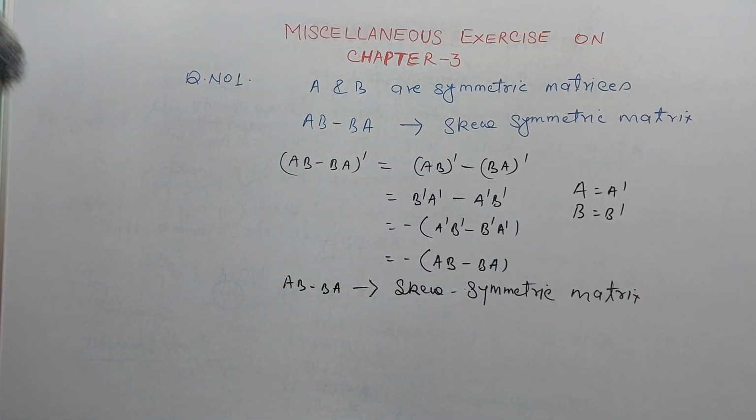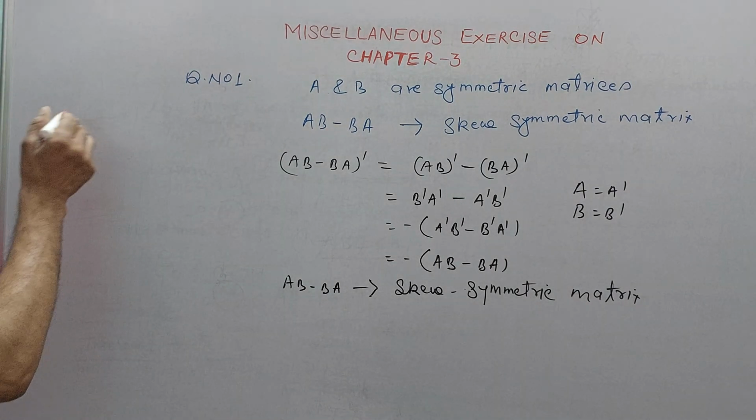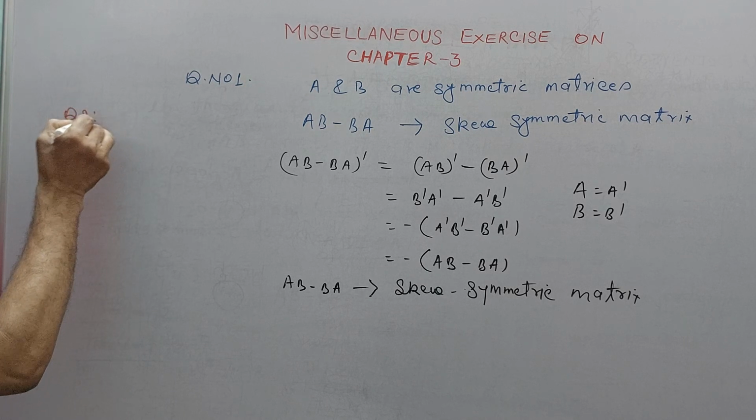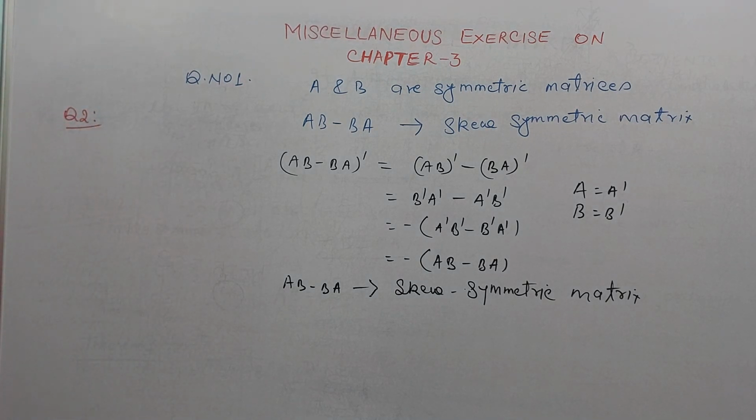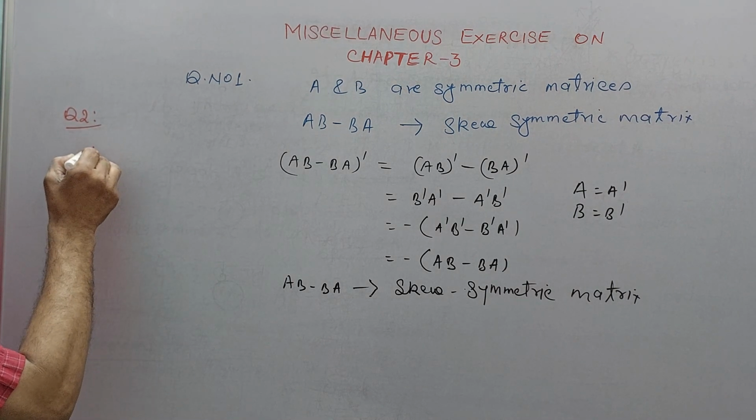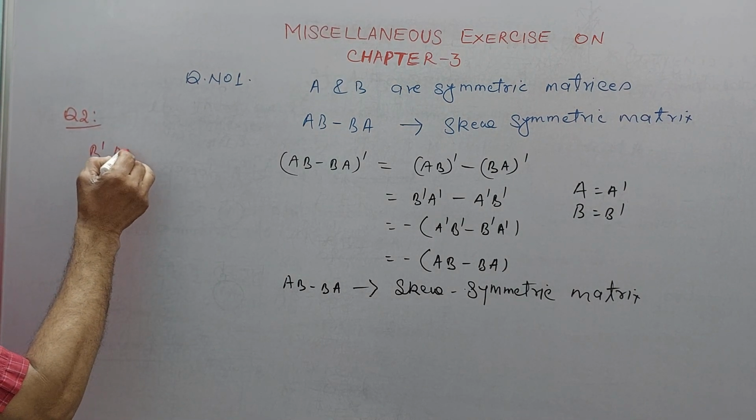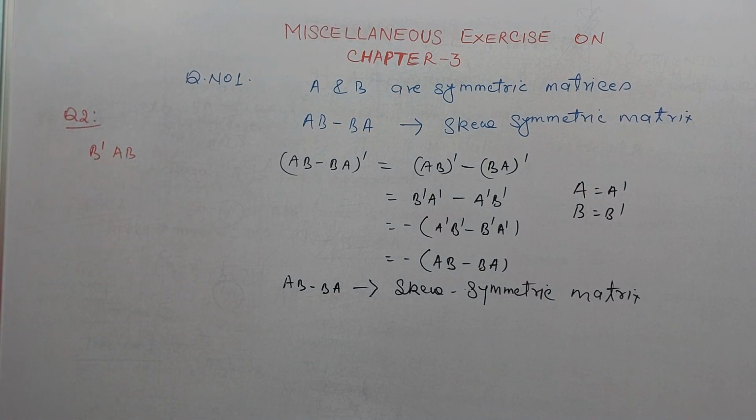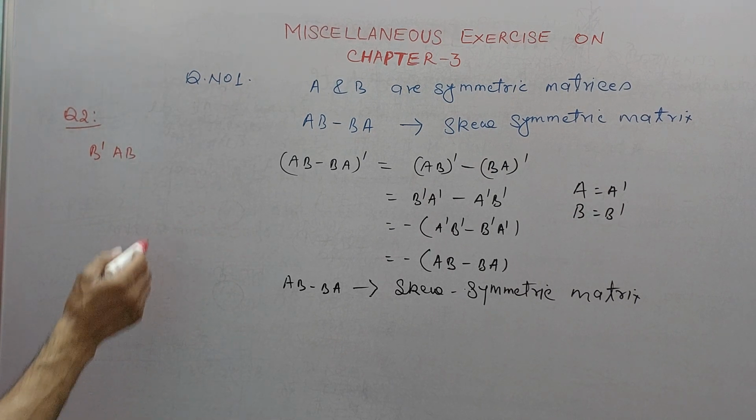Yes, this is proved. Now similarly in question number 2, the same way we can do it. Show that the matrix B transpose AB is symmetric or skew symmetric according as A is symmetric or skew symmetric.